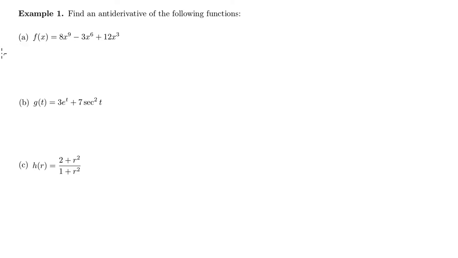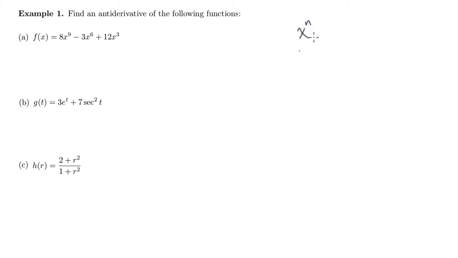Now, this first function, f of x, is just a polynomial. So in some sense, if I have a function, say, x to the n, then we can actually think about reversing the power rule.